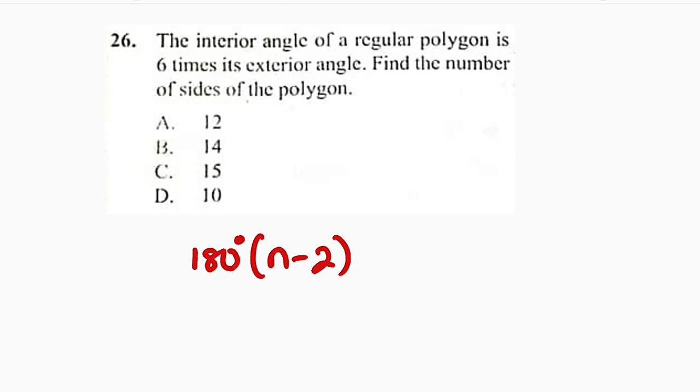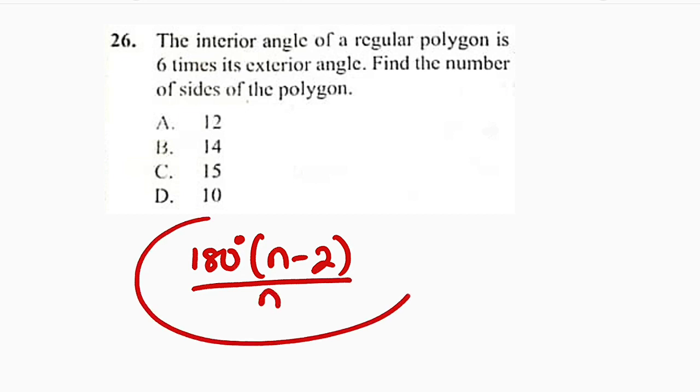So what about a regular polygon? If you want to find an individual angle in a polygon that is regular, you know all of them are equal. All you have to do is to divide by n. So this will give us the measure of every single angle in that regular polygon. For example, take an equilateral triangle that has all the interior angles equal to 60 degrees each.